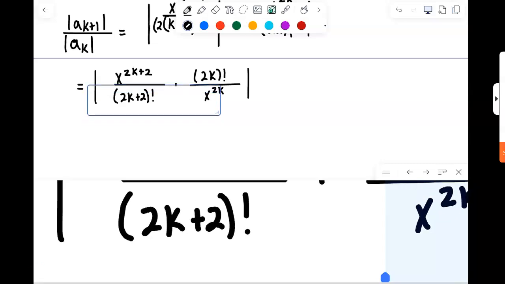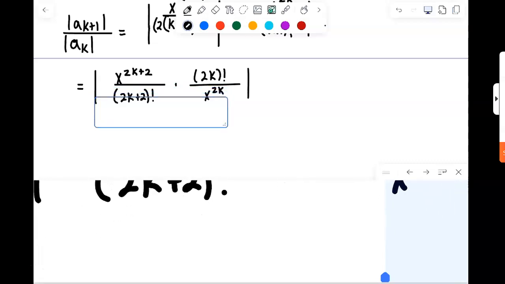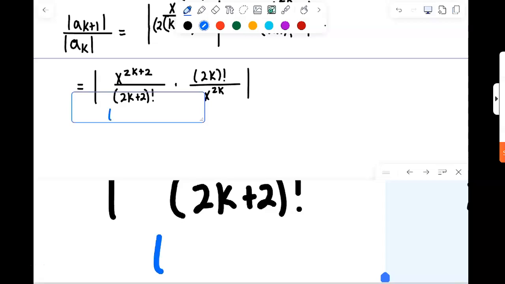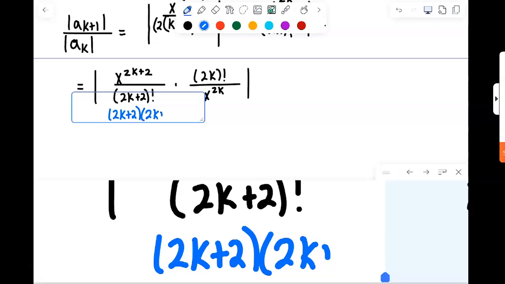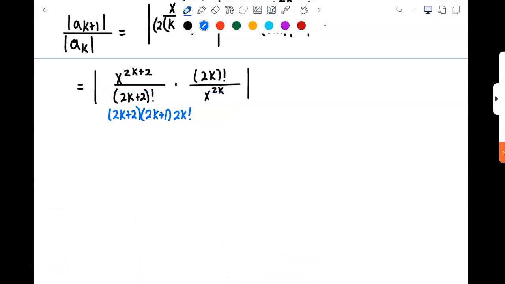Now remember that factorials are always that number factorial down to 1. So we can take that 2k plus 2 factorial, and I can write that as 2k plus 2 times 2k plus 1 times 2k factorial. That way, the 2k factorial will cancel out of both pieces.